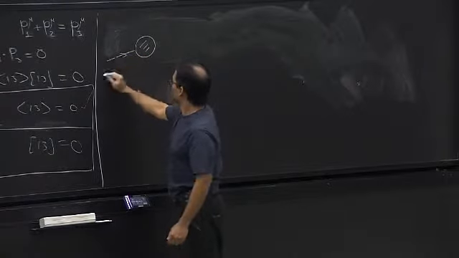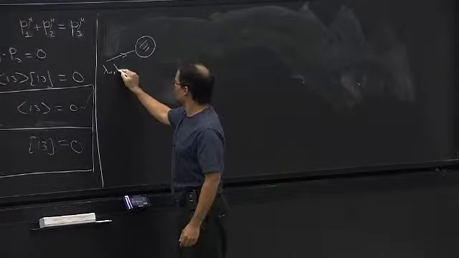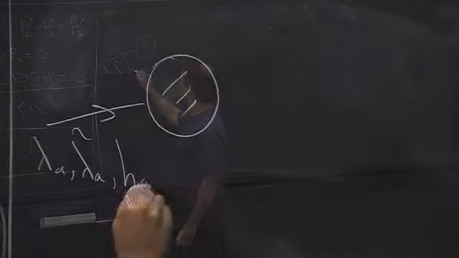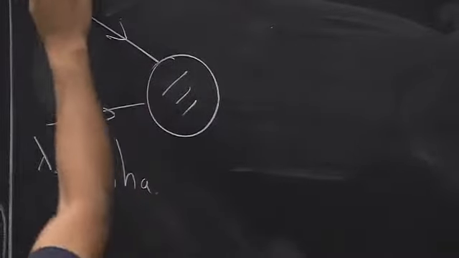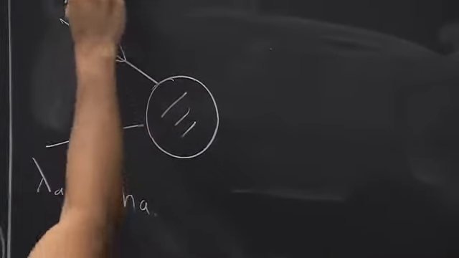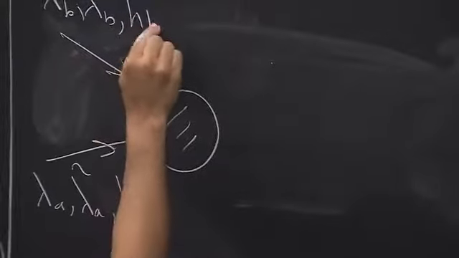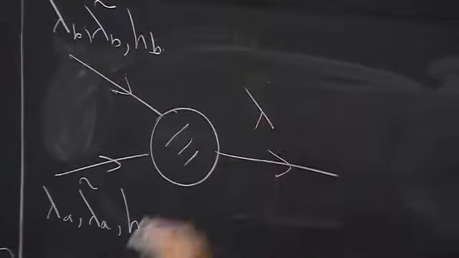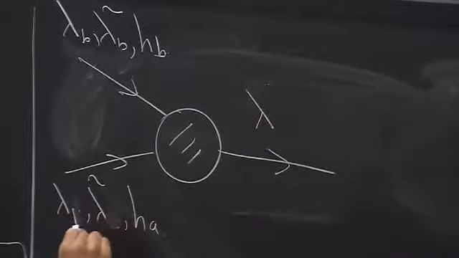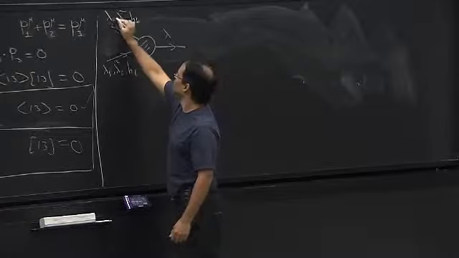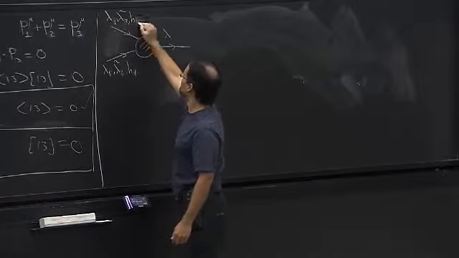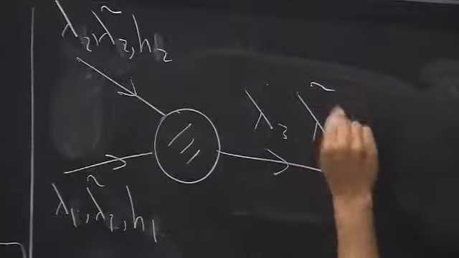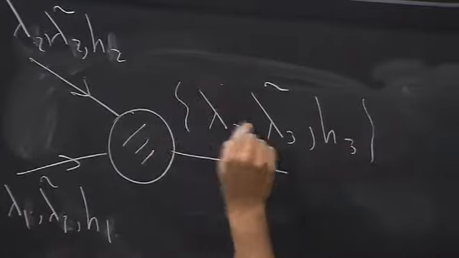And we have particles lambda A, lambda A tilde with helicity HA, and lambda B, lambda B tilde with helicity HB going into, again, say 1, H1, 2, H2, and 3, H3. Okay?